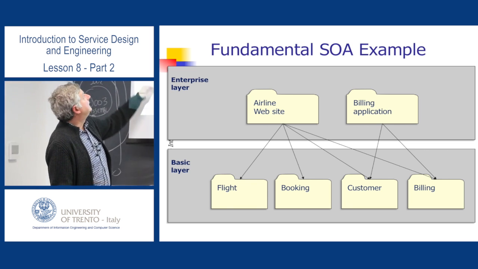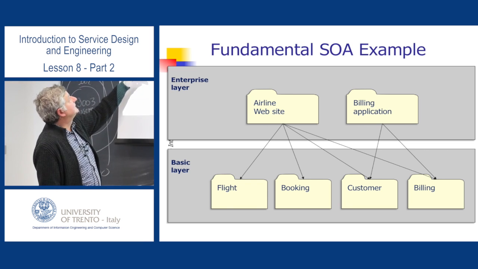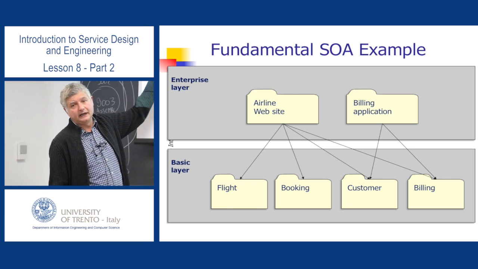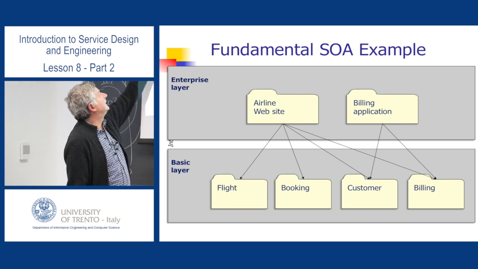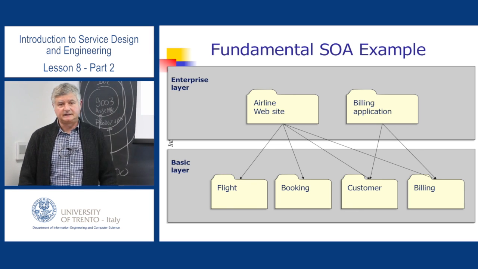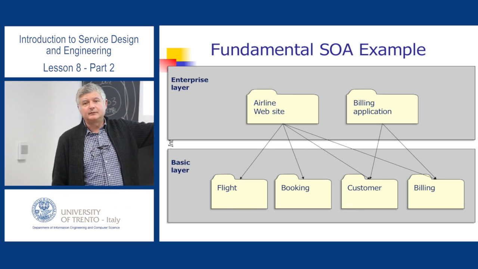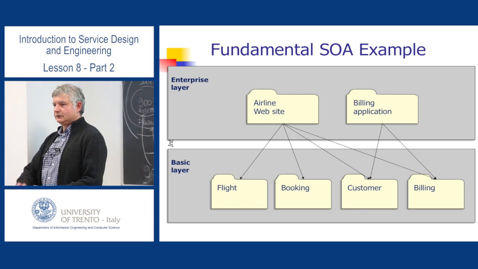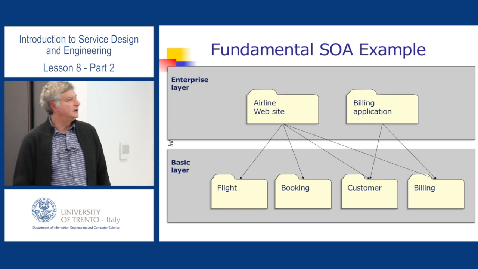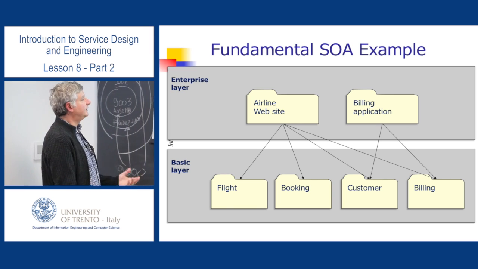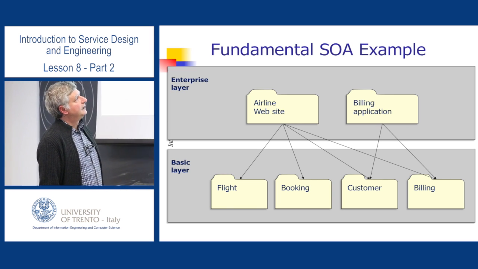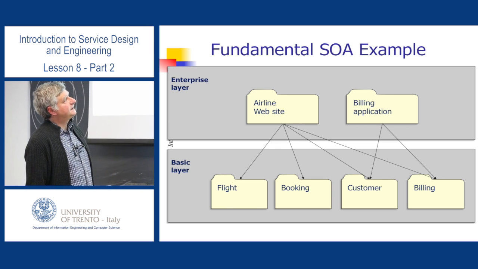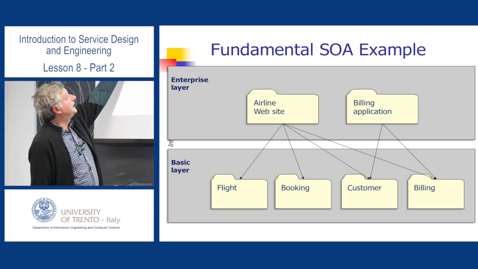Each of these individual data services, very probably in this case, is dealing with its particular type of data. The fundamental example is essentially that you have only two layers: the basic layer and the enterprise layer. That's it. In some simple cases this is possible. You are just developing your data and logic, maybe for the booking, in this case, probably, services, and directly from the enterprise layer.